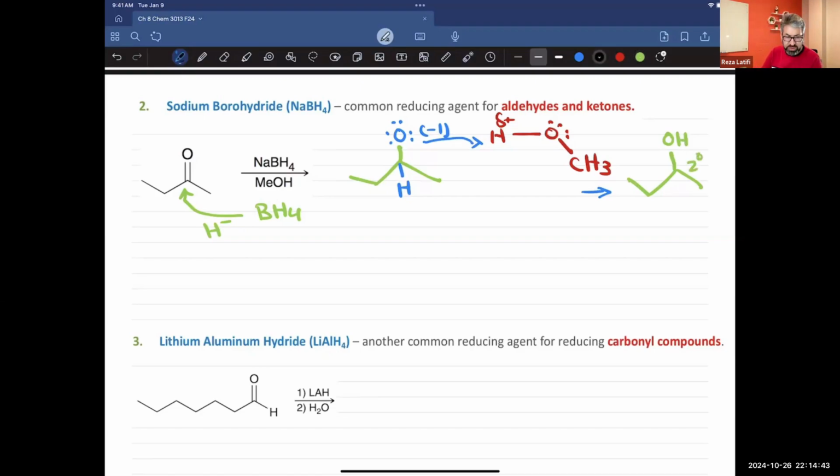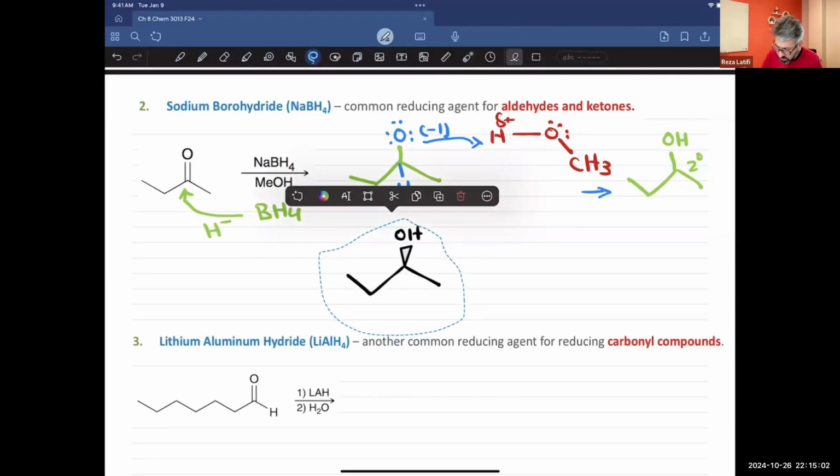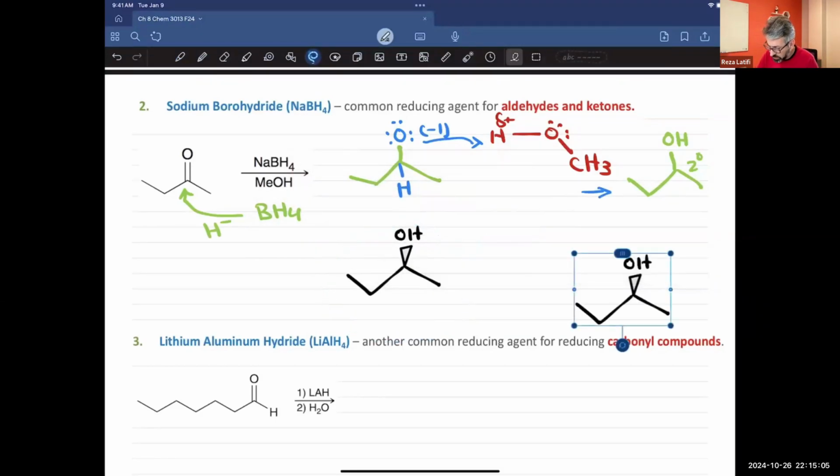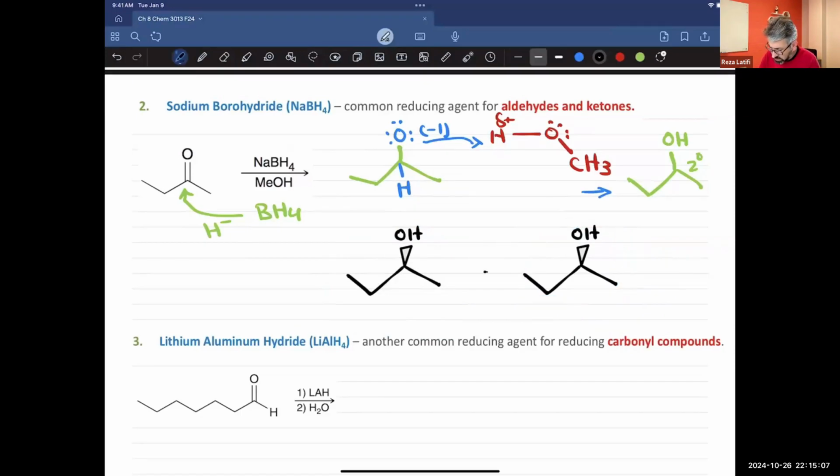In this case, addition can happen from the top or the bottom of the molecule. So technically, I'm going to get this product. OH can be facing to us, I'm going to write OH here. Or OH might be at the back of the molecule, so I write it dashed and say OH. These two are enantiomers.